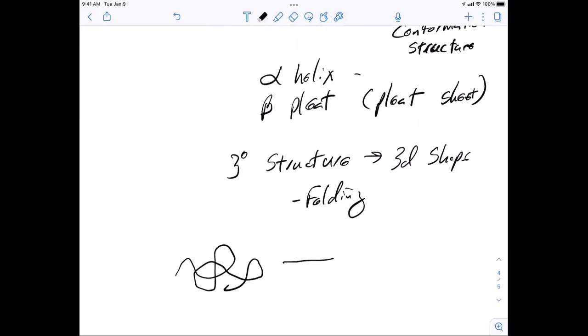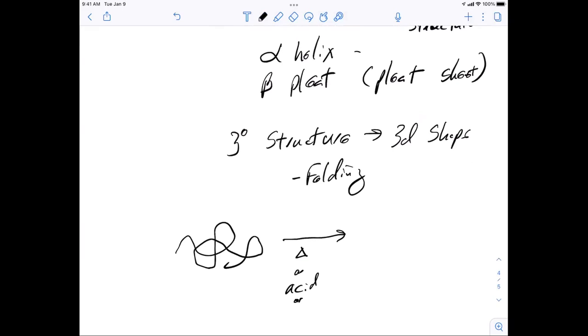It turns out if we take that protein and add heat or acid, or sometimes other things, though heat and acid are the most common, we can change that 3D structure. This is referred to as denaturing.